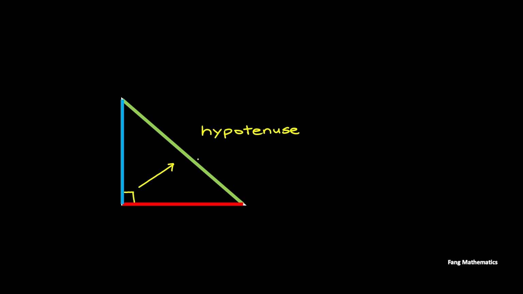The hypotenuse is the longer side of a right-angled triangle, and we denote its length as c. The other two sides we call the legs, because these two sides make up the right angle. We give the length of each leg as a and b.